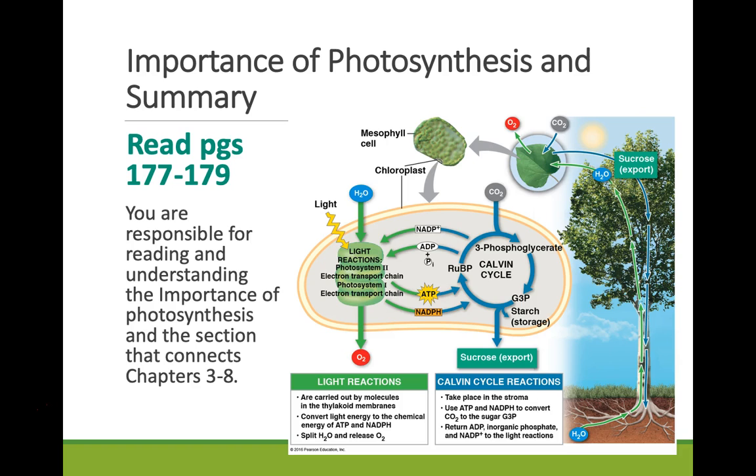Consumers eat the plants, and so that carbon is transferred all throughout the global ecosystem. When organisms die, that carbon is released back into the soil and into the atmosphere, and can be incorporated again at some point in photosynthesis. So not only are photosynthesis and respiration linked via carbon dioxide and oxygen, but this whole process of the carbon cycle is really important for photosynthesis and cellular respiration as well. And in our in-class assignment, we're going to look at that carbon cycle just a little bit.